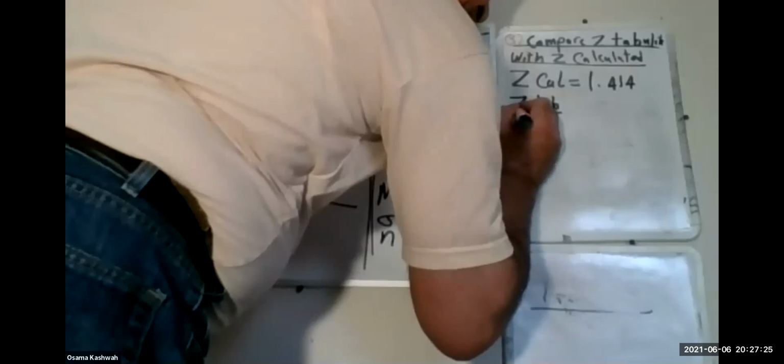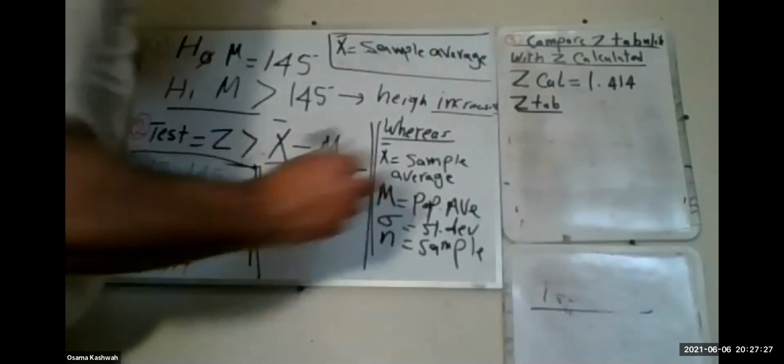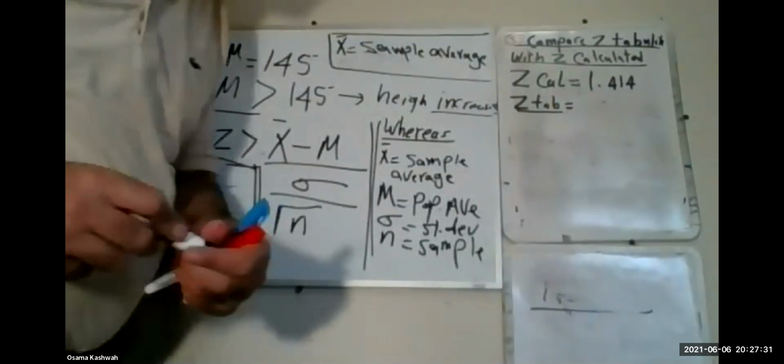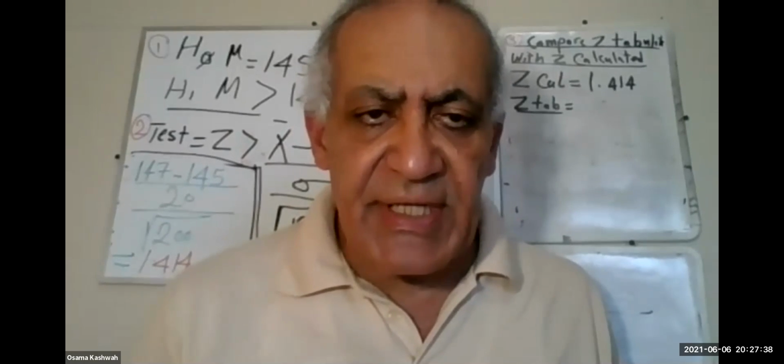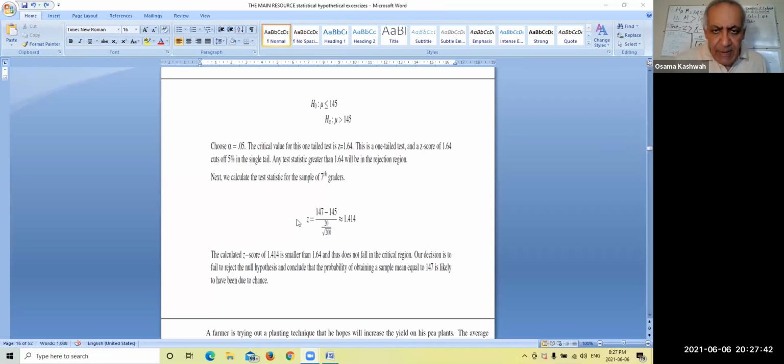To get Z tabulated, I have to check first what the degree of confidence is in the example. So for that reason, I will share the screen and see the degree of confidence. She said the degree of confidence is 5%, alpha is 5%.